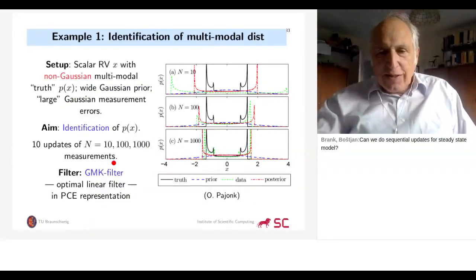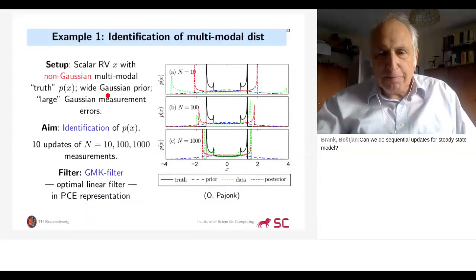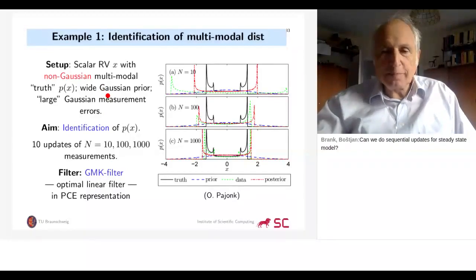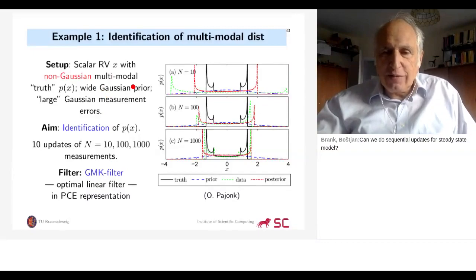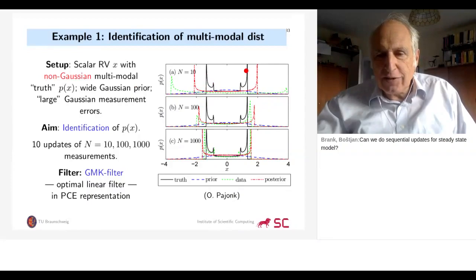Now we take, to show that it works for non-Gaussian random variables, okay, because the Kalman filter, unfortunately, only works for Gaussians very well. We take a very non-Gaussian random variable and a mathematical model which is practically the identity. So I want to identify this black distribution. That's the random variable I wanted to identify. Okay, the black guy.